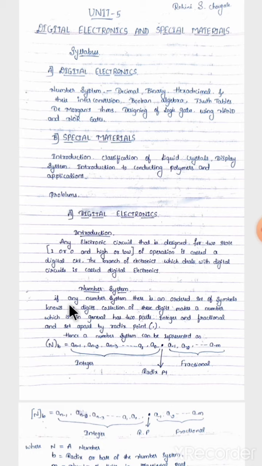Next, the number system. In any number system, there is an ordered set of symbols known as digits. A collection of these digits makes a number, which in general has two parts, integer and fractional, set apart by a radix point.